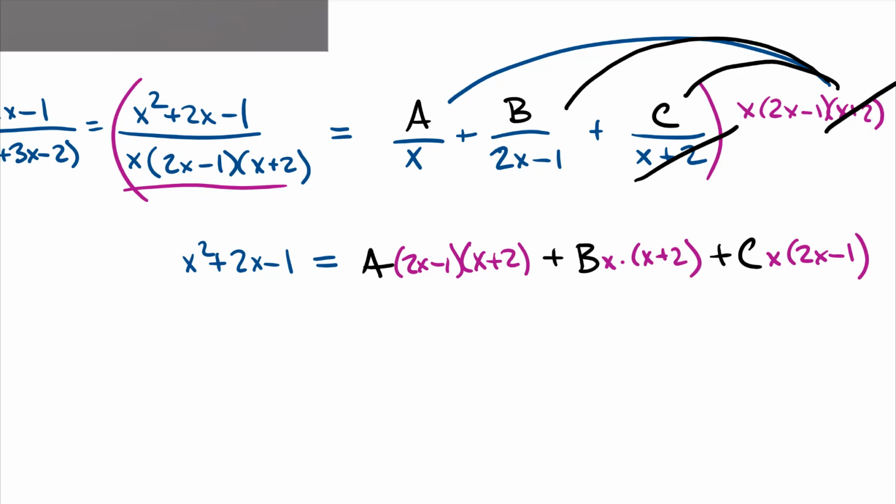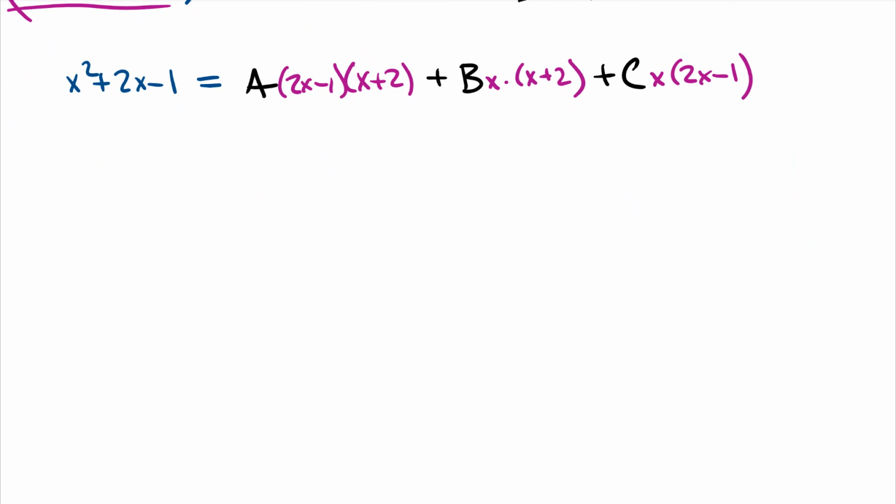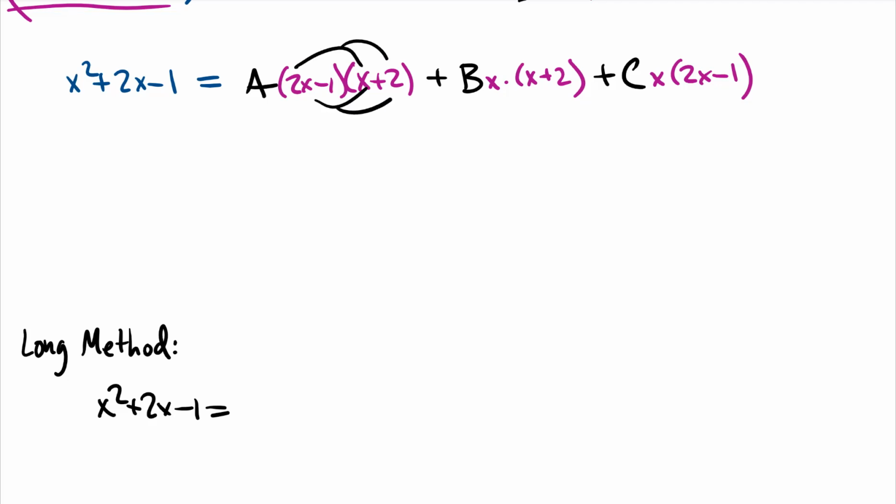Okay, here we are. Now we're trying to solve for a, b, and c. There's a simple method, and then there's a more challenging method. I'm going to go down for the longer method. We actually have to take all of this stuff and expand it out.